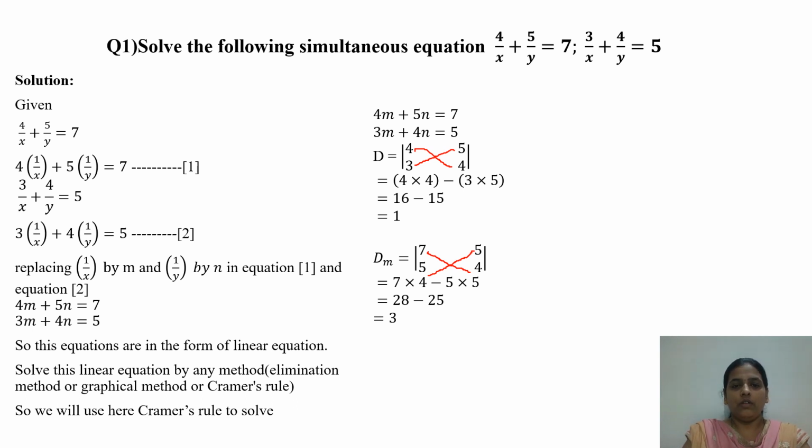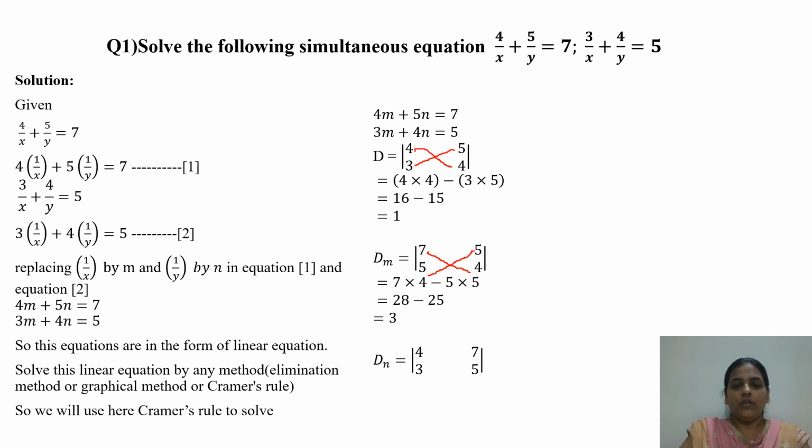Next we want to calculate here Dn. So when we arrange the determinant Dn, replace the coefficient of n with the constants. Write down the coefficient of m in the first column and write down the constant term in the second column. So what are the coefficients of m? That is 4 and 3. And what are the constant terms? That is 7 and 5.